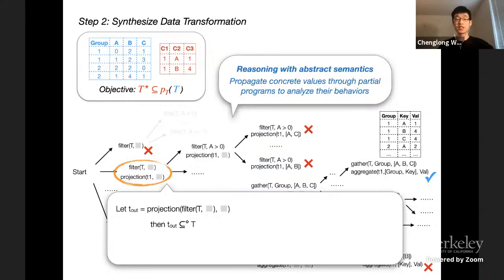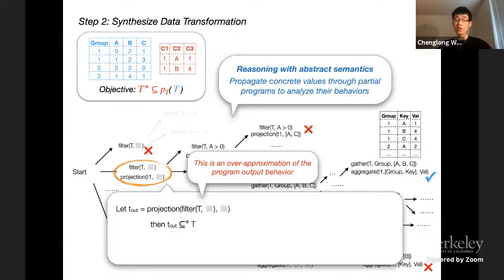Whatever the instantiation of the parameters, this property must hold, and this is essentially the abstract semantics of this program. This property is an over-approximation of the program's output behavior that allows us to capture the behavior of all programs in this branch. Now we instantiate this property with our input and output example.